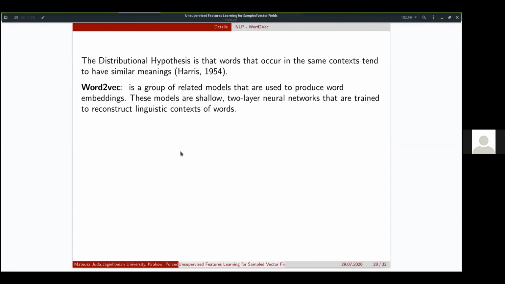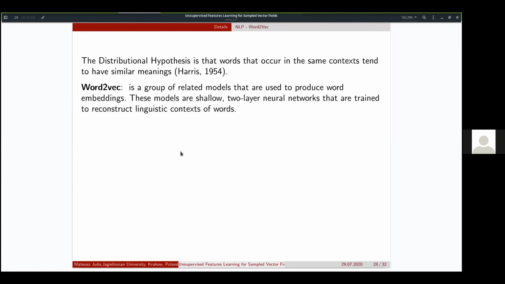There is a hypothesis from the 50s called the distributional hypothesis, that words that occur in the same context tend to have similar meaning. And the hypothesis is a starting point for a very large set of methods, which we can call word2vec techniques.